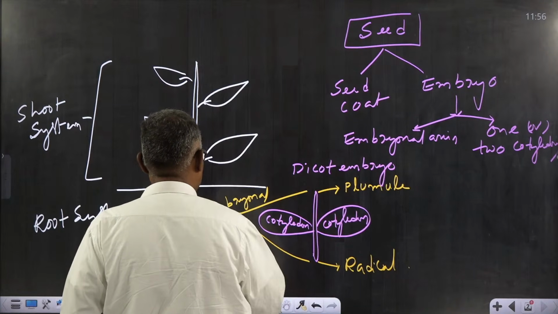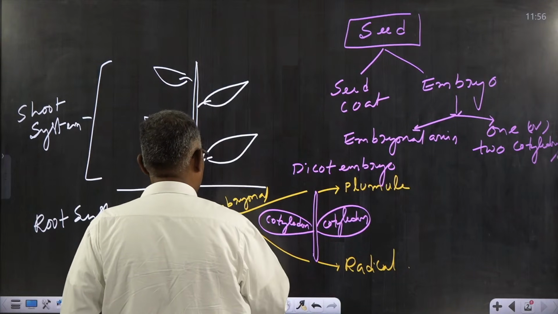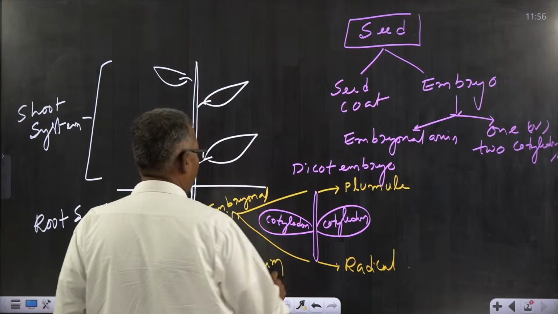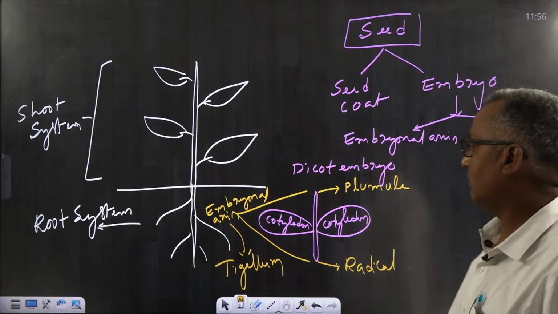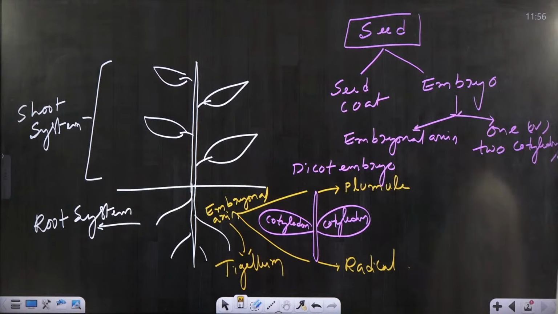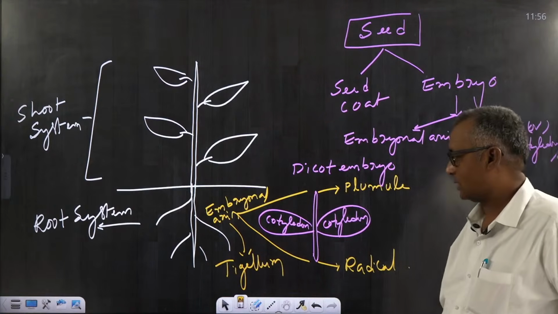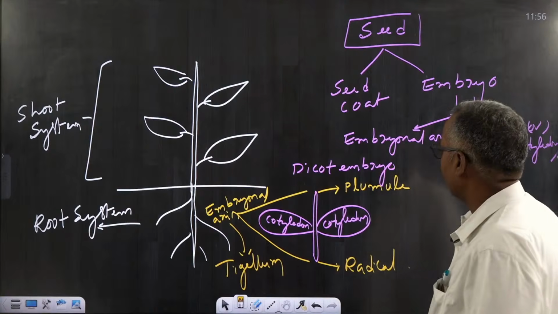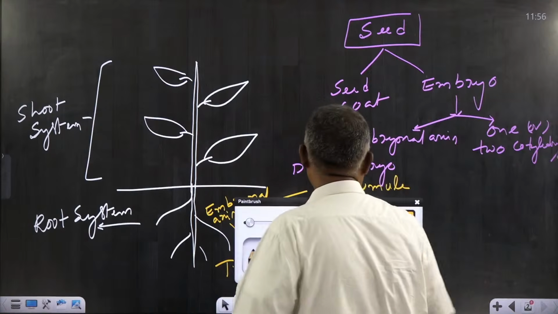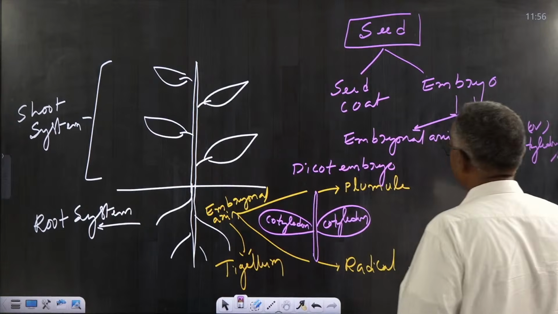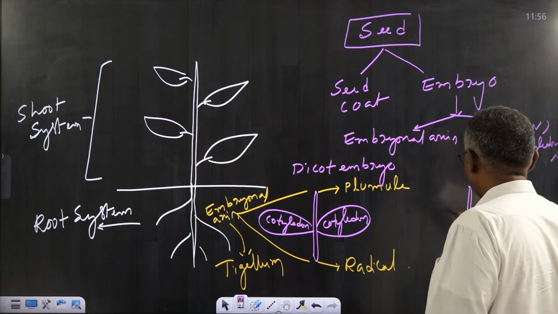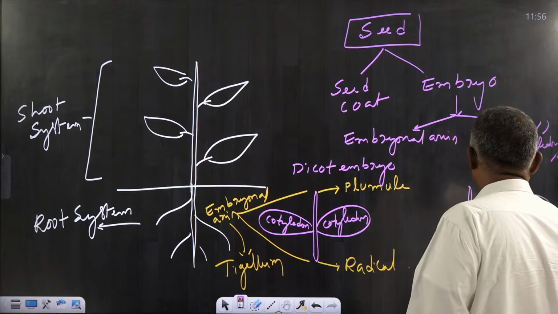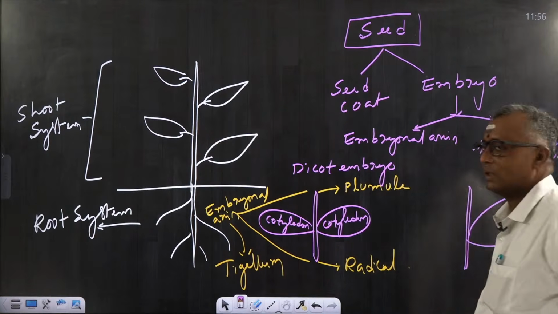This embryonal axis is also called hypocotyl. What is it called? The embryonal axis is also called hypocotyl. Whereas, let us take a monocot embryo. A monocot embryo also has an embryonal axis with a single cotyledon.